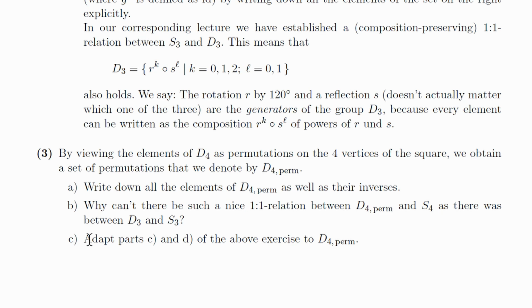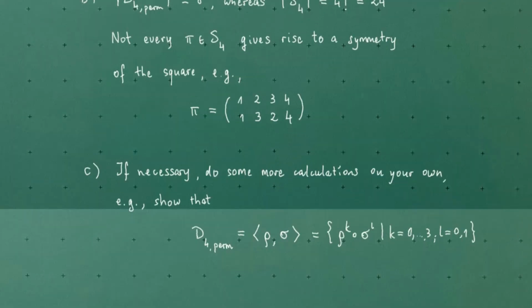Okay, now the last part. You're supposed to adapt parts C and D of the above exercise to the group D4 in permutation representation. Here I'm a bit lazy. If you're really a beginner and new to all of this, then please do some more explicit calculations. For example, consider the set generated by these 2 elements, meaning you take all the powers of rho and compose them with all the powers of sigma.